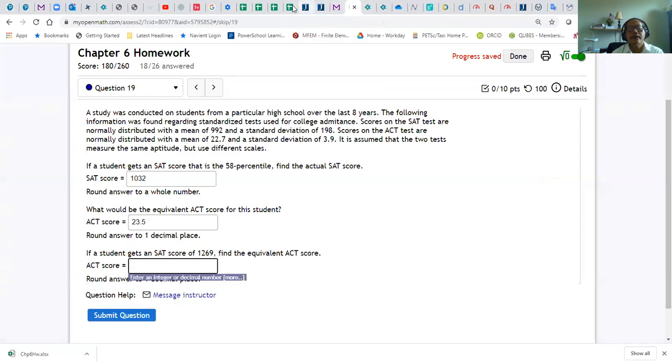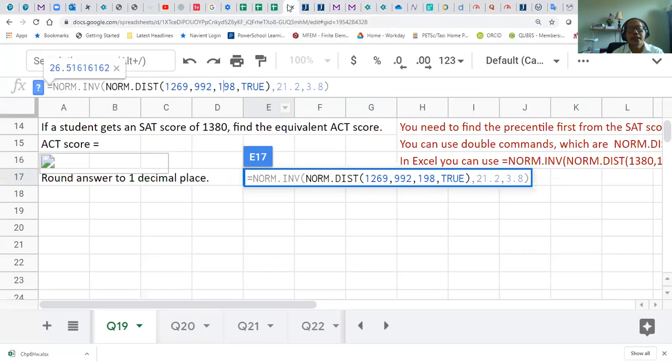And now you need to put the mean for the ACT, which is 22.7, and the standard deviation is 3.9, right?